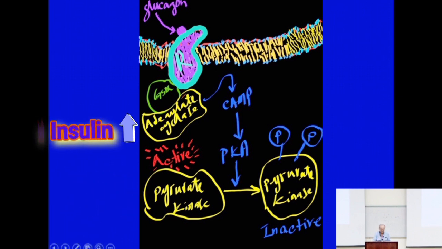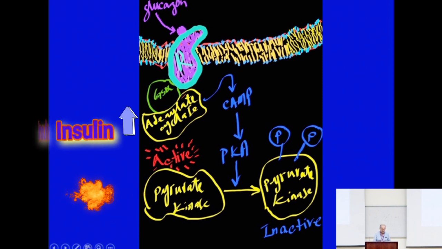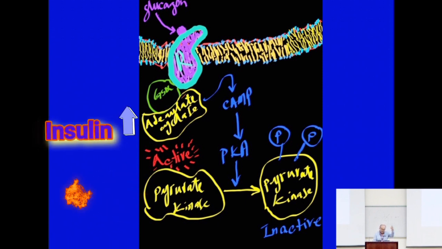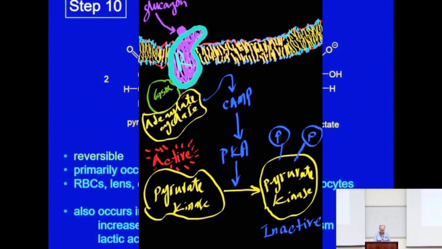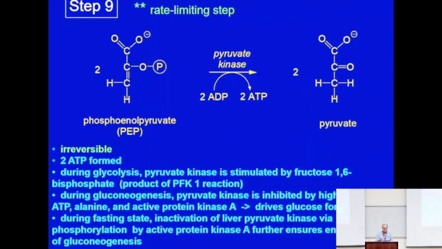The enzyme would be active when you dephosphorylate it back to the active form, remove the phosphates, and that occurs when glucose is high or insulin is high. Okay? Before I go there, I want to go back here. So the enzyme can be inhibited by PKA-dependent phosphorylation, which is dependent on the glucagon receptor being activated by glucagon.